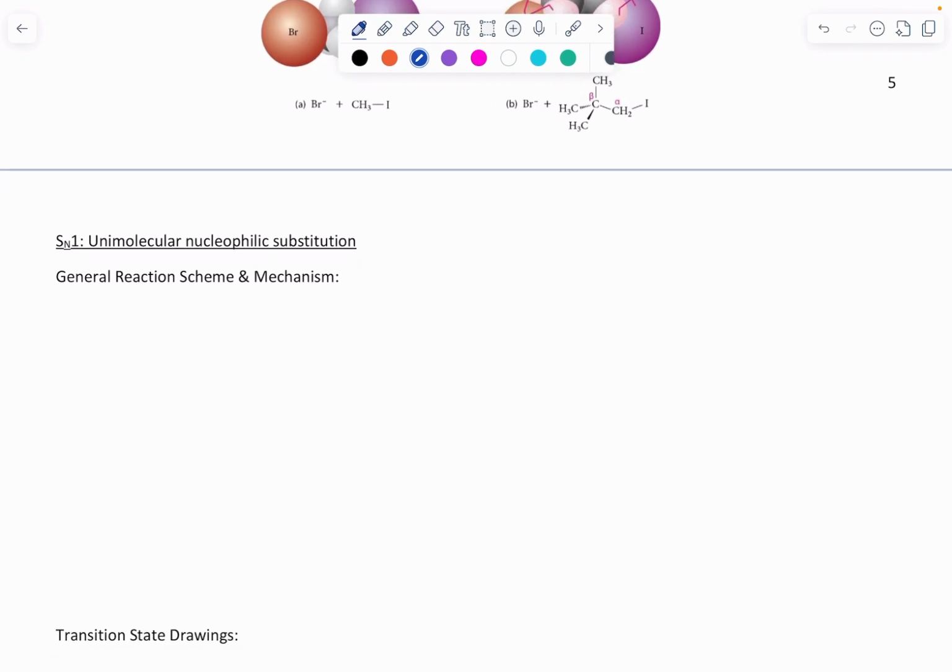Unimolecular nucleophilic substitution. So very similar to SN2, but this one means unimolecular. That means the rate depends only on one molecule. We'll identify what that molecule is when we write out the mechanism.